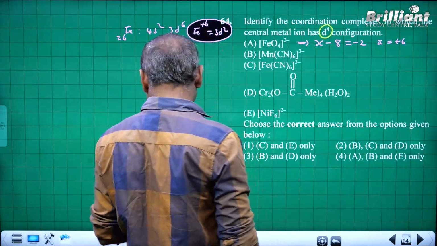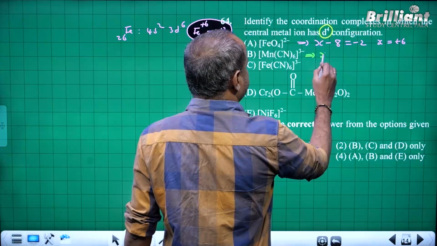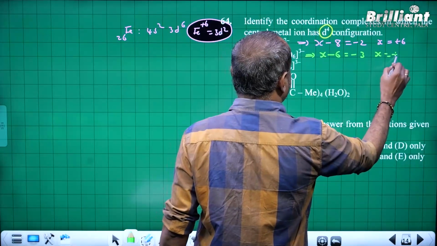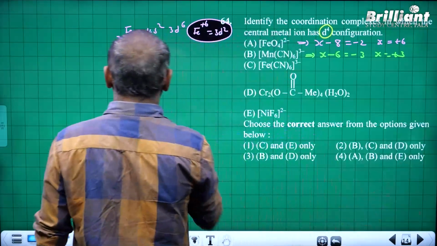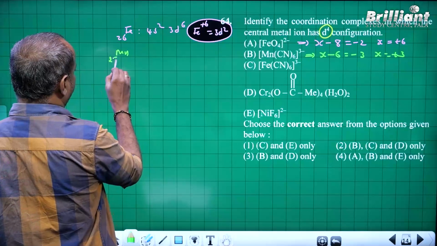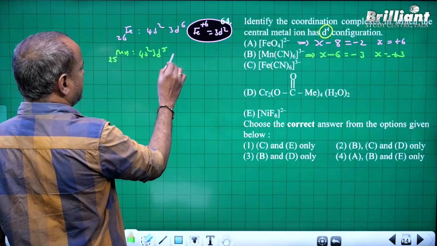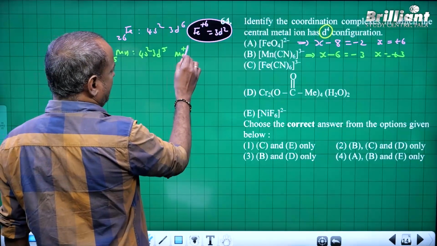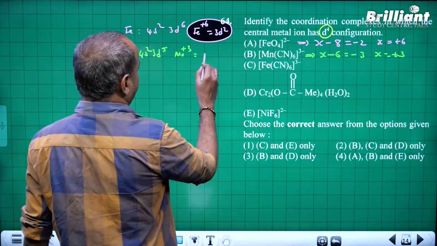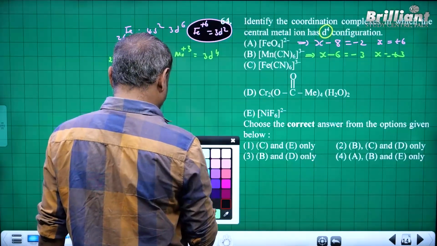Second one, Mn cyanide 6: x minus 6 equal to minus 3, x equal to plus 3. Manganese parent 4s2 3d5, but ionic form 3 plus. Here 2, here 1 loss, 3d4. So this is 3d4.